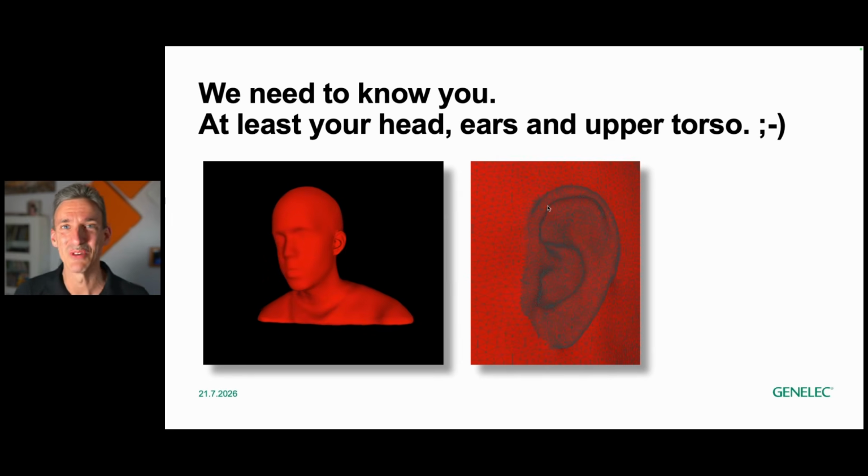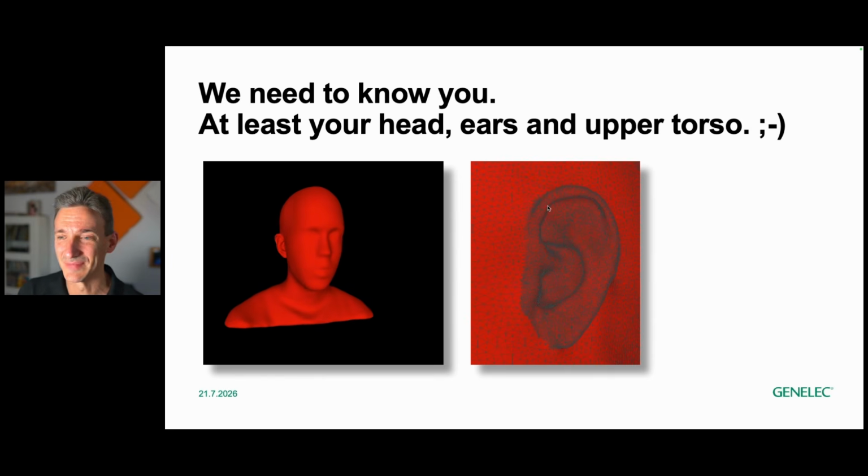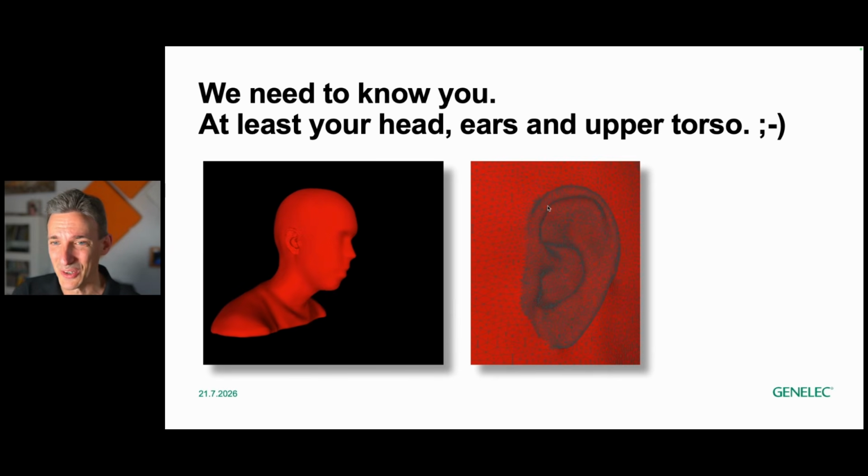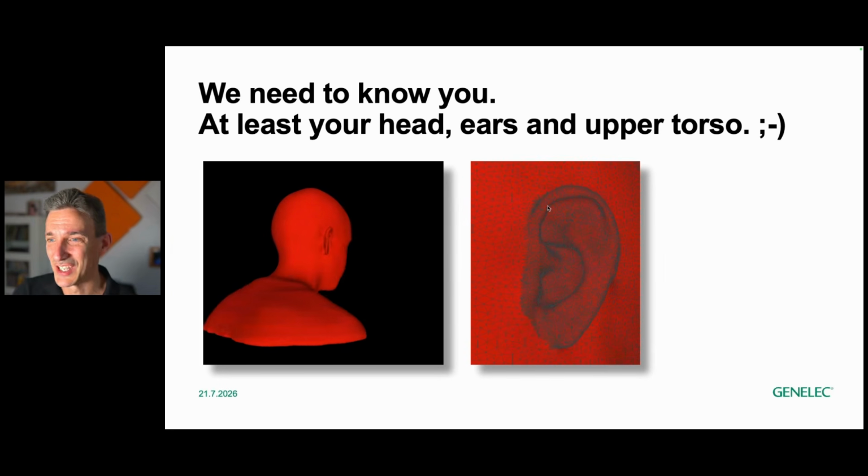Otherwise, we would be in trouble, because of course this is very sensitive data. As you all know, face recognition and things like that. So we really just use that to get the HRTF done, and then it's gone.